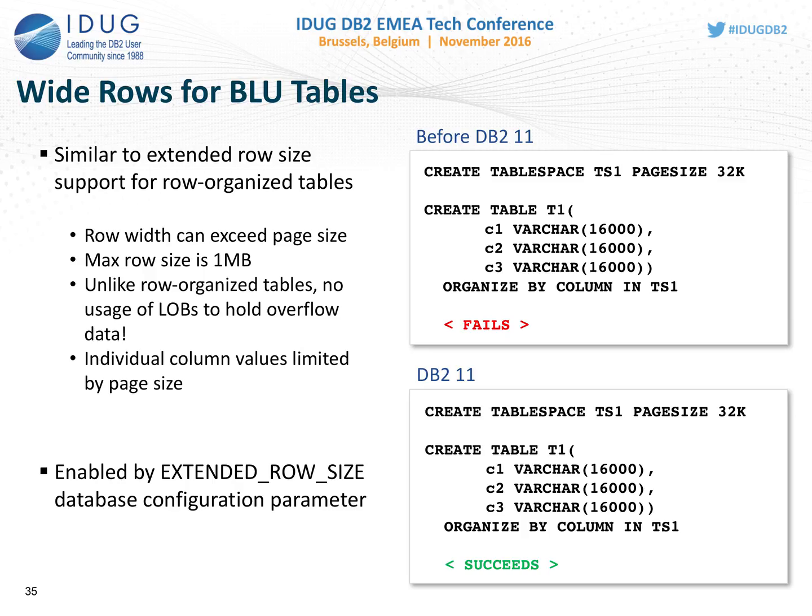So for row organized tables, if you declare a table like this with the extended row size feature, what would happen is when you insert a row where the sum of the varchar values is larger than your page size, the DB2 would internally allocate a lob to overflow the data into a large object.